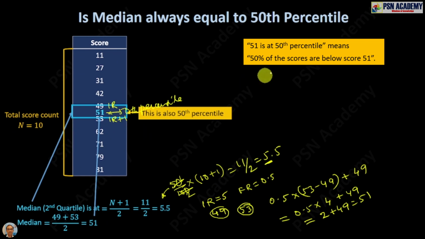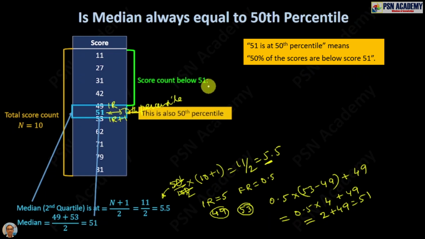So 51 is at the 50th percentile means 50% of the scores are below 51, and you can clearly see that below 51 the 50% scores are there. That means this 11, 27, 31, 42 and 49, all the scores are below 51 and they are 50% of the total scores. So it's nice.